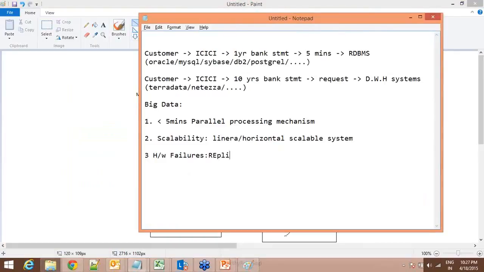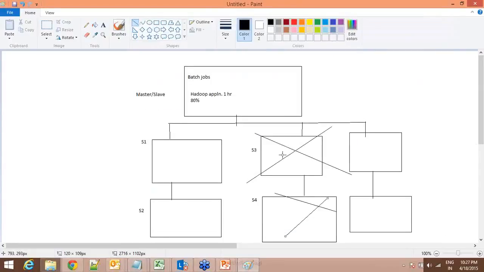So the Hadoop master has very dynamic intelligence available as part of the framework itself. So it can handle any kind of hardware failures in the clusters. I mean, node failures or system failures will not impact the applications that are currently running in the cluster. That is a good part in Hadoop.